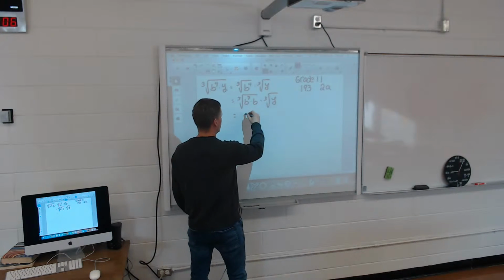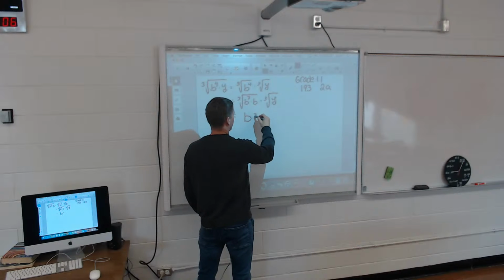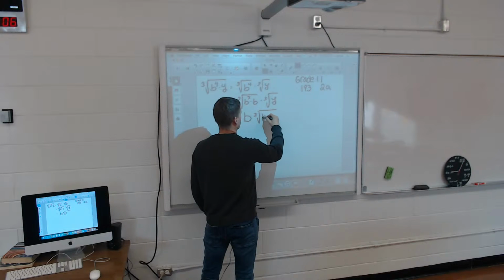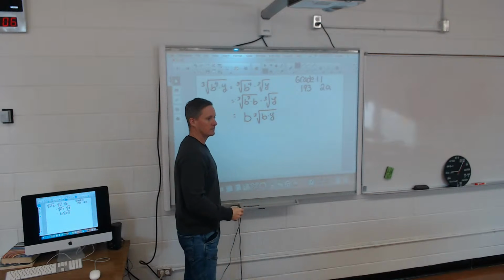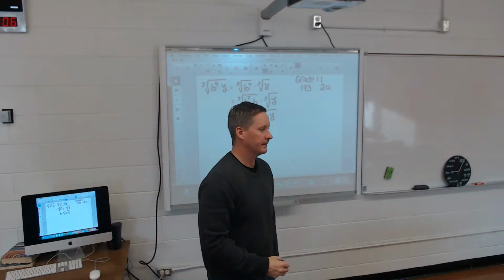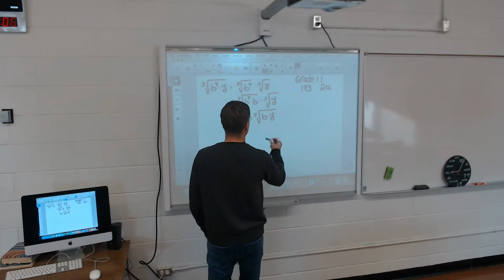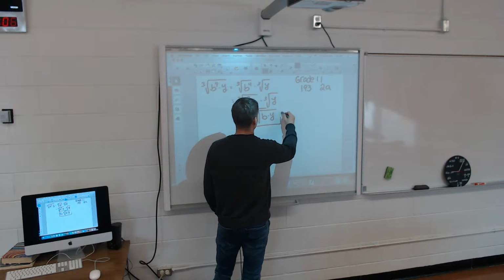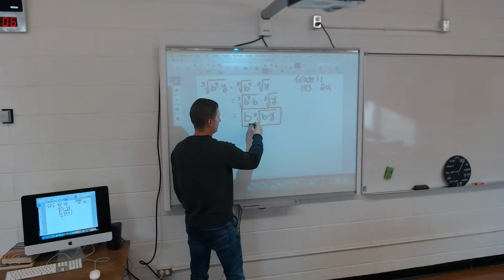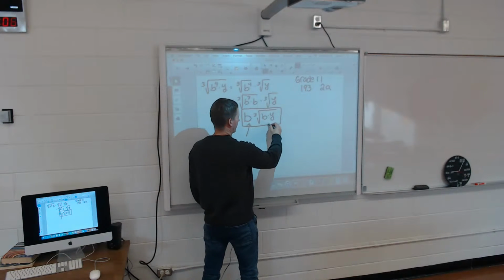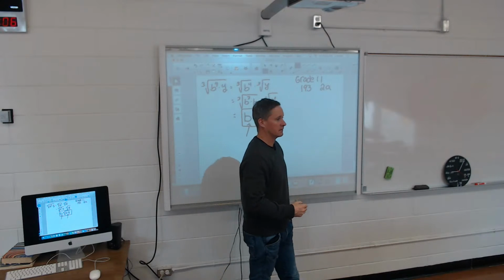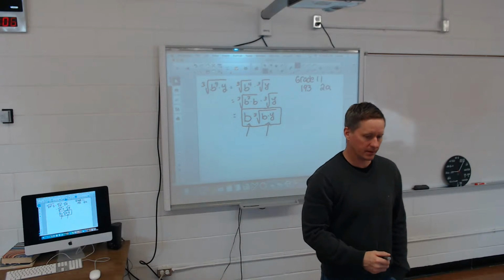Just b. And then what am I left with? b times y. And that's the answer. This is considered a mixed radical because I have my coefficient and then I have my radicand. So that's what a mixed radical is.